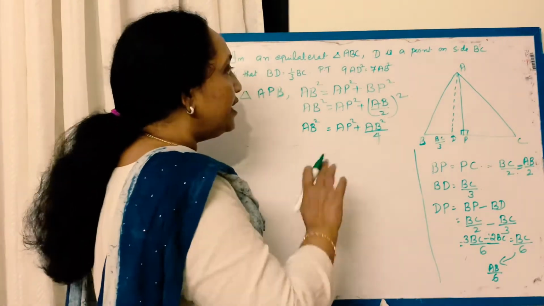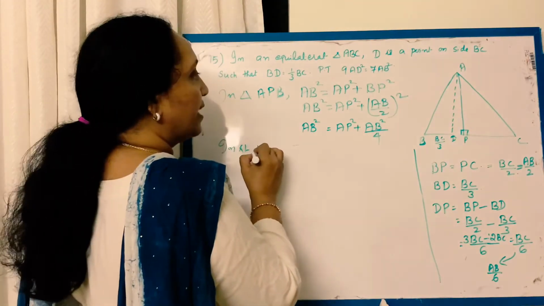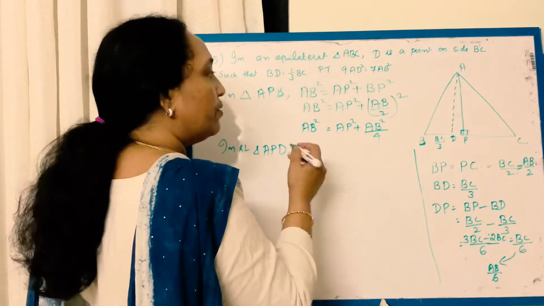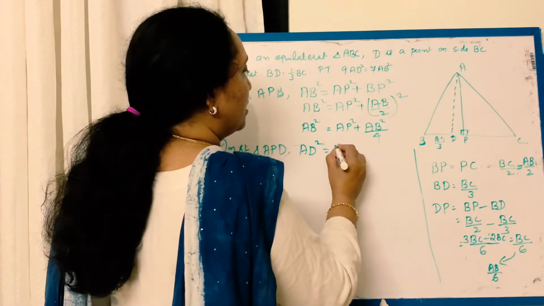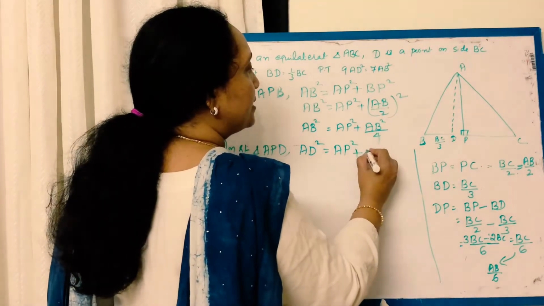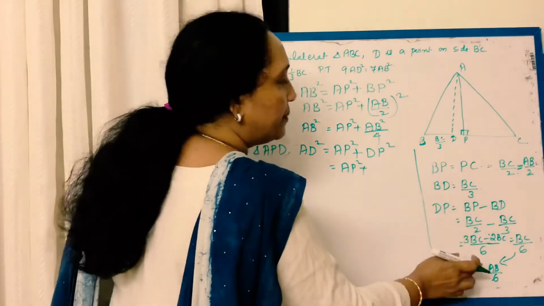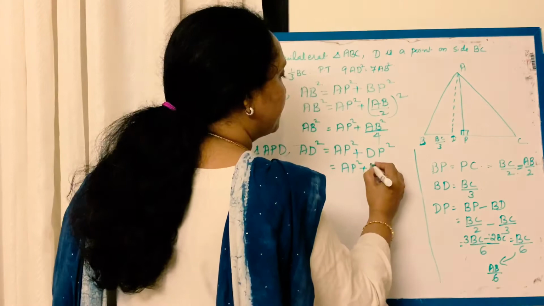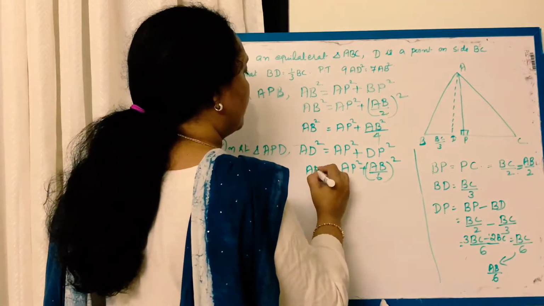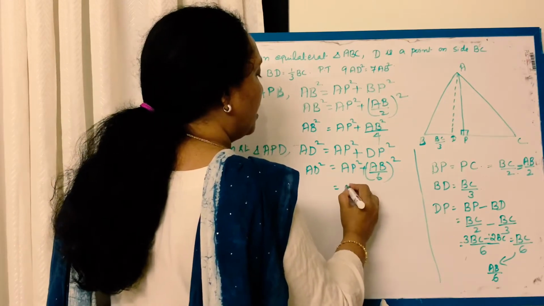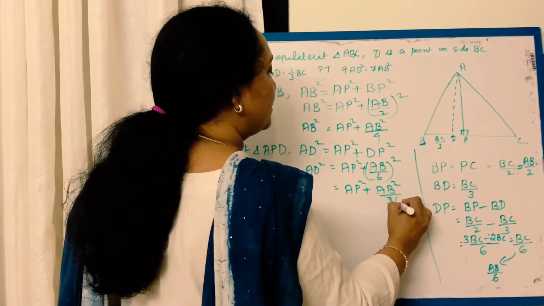Now in the second triangle, right triangle APD, also apply the Pythagoras theorem. AD square is equal to AP square plus DP square, which is AP square plus DP is AB by 6. That is AD square equal to AP square plus AB square by 36.